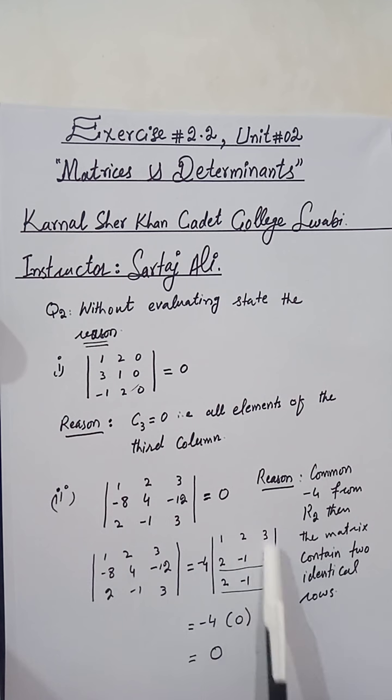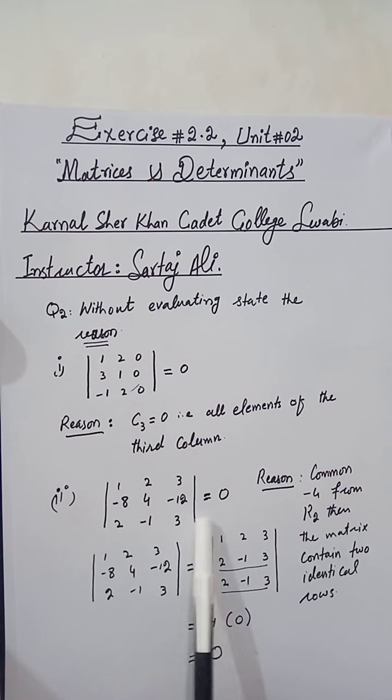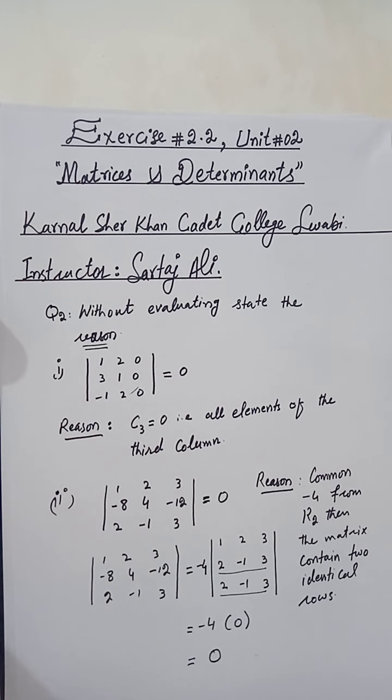So minus 4 multiplied by 0, you will get 0. So you see that the determinant of this matrix is equal to 0. So this is the reason.